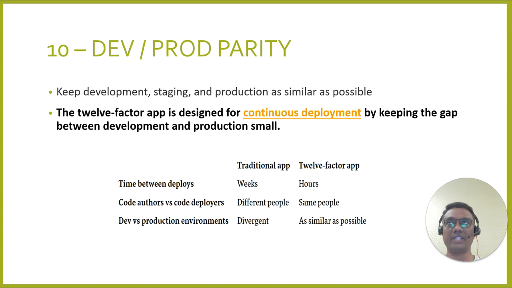There are a lot of configurations available in production that are not available in dev, so people end up seeing some scenarios failing in production, which could be surprises. In the 12-factor app, configurations, dependencies, and backing services are kept as similar as possible. In code version control there could be minor differences, but since production deploys happen frequently, they stay as similar as possible with minimal gaps.